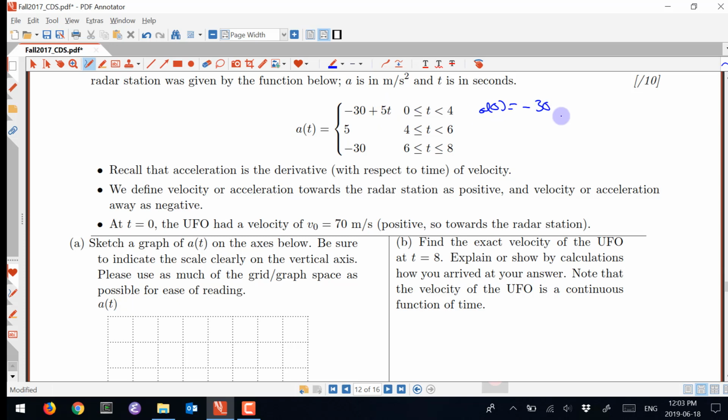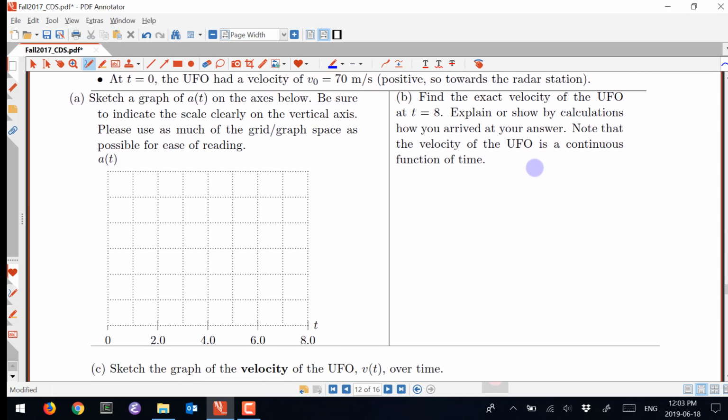We plug in t equals 0. And a of 4, with a little asterisk on it because it's going to be just before 4, we're going to have negative 30 plus 5 times 4, which is 20, so negative 10. Okay, so we have a range of negative 30 up to negative 10, then 5 after that.